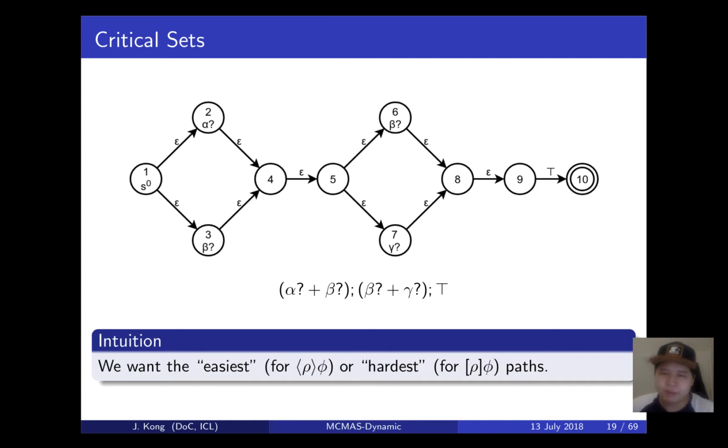So a path like 1, 3, 4, 5, 7, 8, 9, 10, which requires us to pass both beta or gamma, is in some sense redundant, because if such a path would pass, then we can be certain that 1, 3, 4, 5, 6, 8, 9, 10 also would pass, and thus it's sufficient to consider only the easier path.